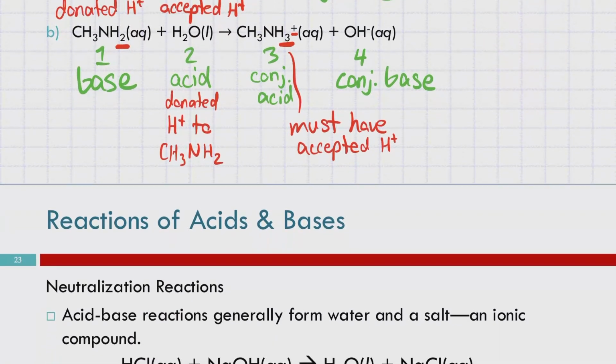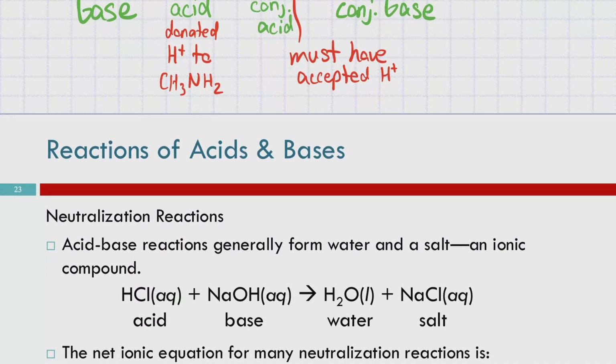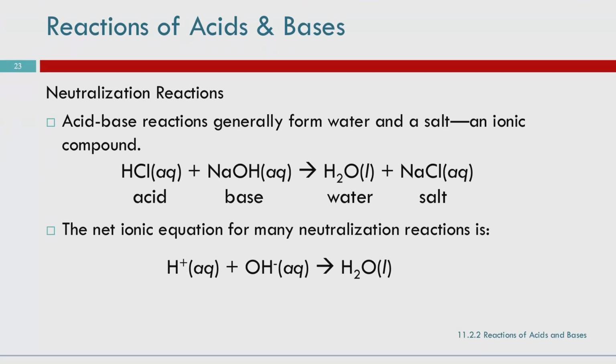So that's what to know about acids and bases. Our two definitions, Arrhenius and Bronsted-Lowry, you should know both definition sets. We can do reactions with acids and bases. Our big one for acids and bases is neutralization reactions.